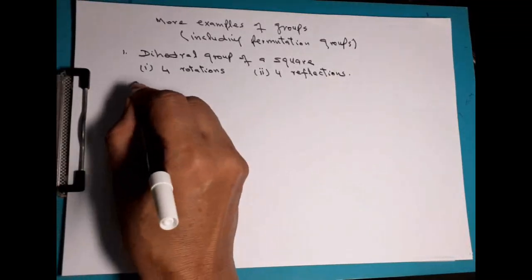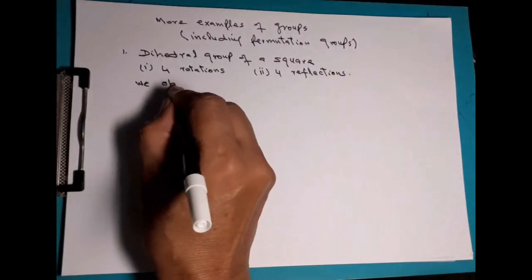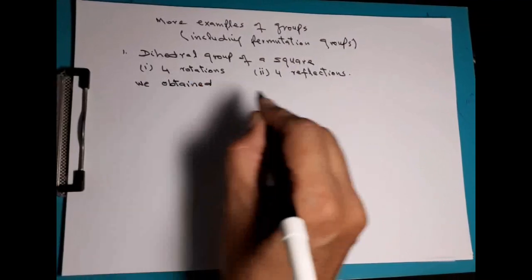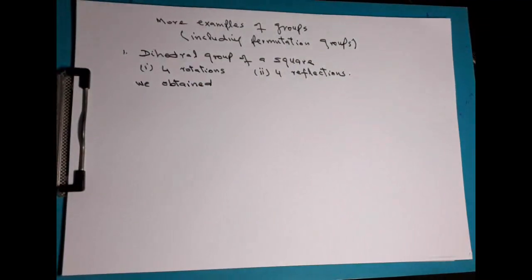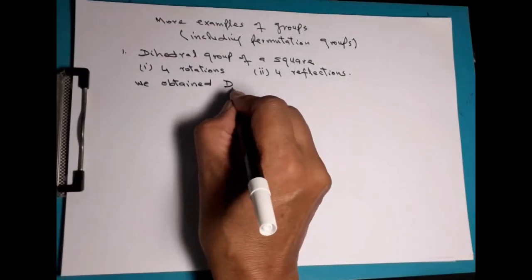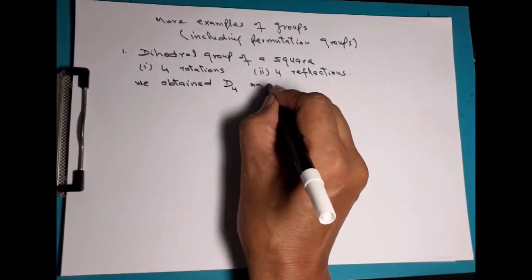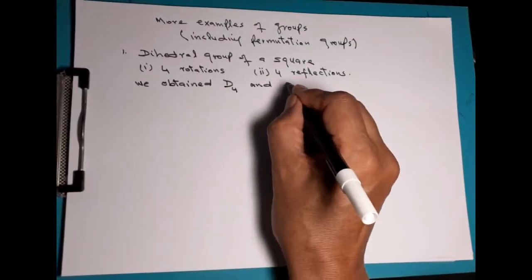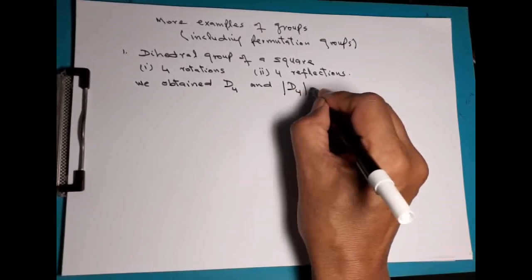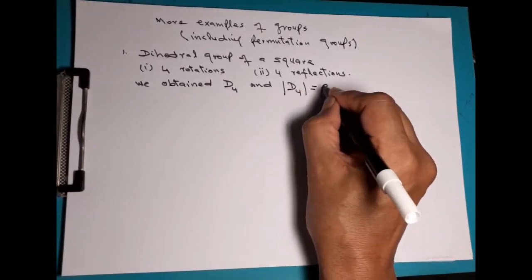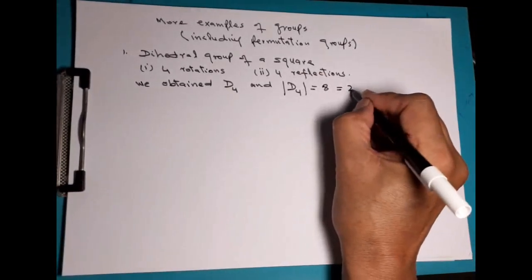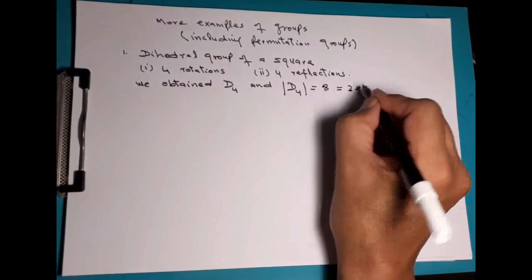So we obtained the dihedral group of a square. We denoted it by D4 and we noted that the number of elements in D4 is equal to 8. That is 4 rotations and 4 reflections. 8 is equal to 2 multiplied by 4.